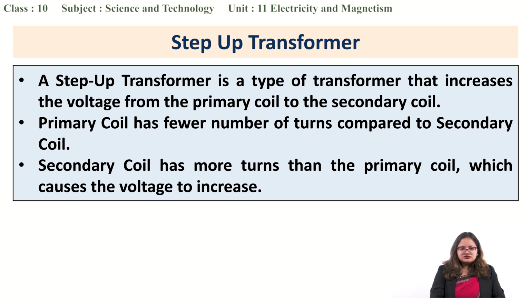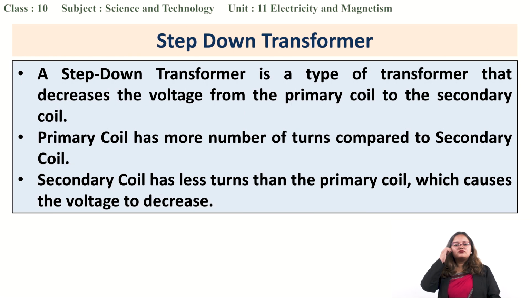Similar to this but quite opposite, let's look at what a step-down transformer is. Again, it has its meaning in its name. A step-down transformer is a type of transformer which decreases the voltage from the primary coil to the secondary coil. In the primary coil a certain amount of voltage is received, but we do not want that.